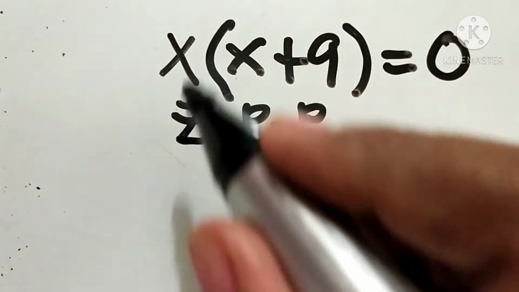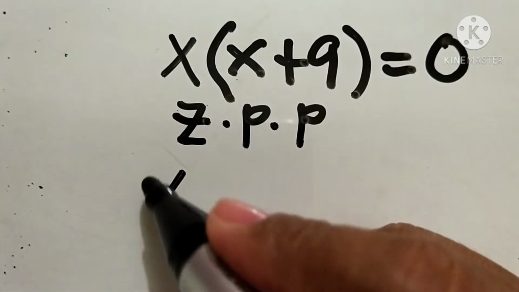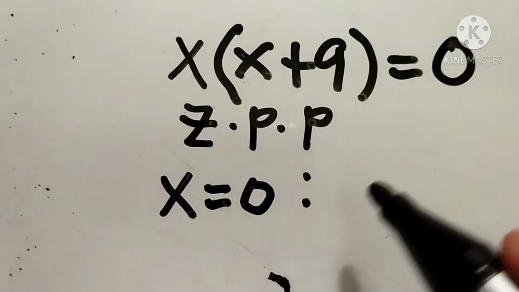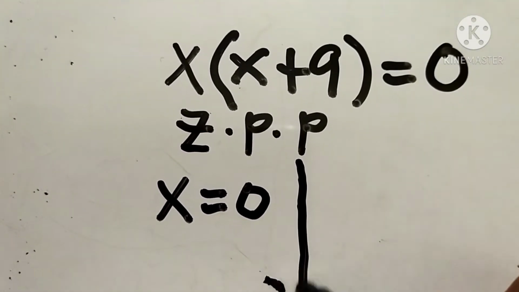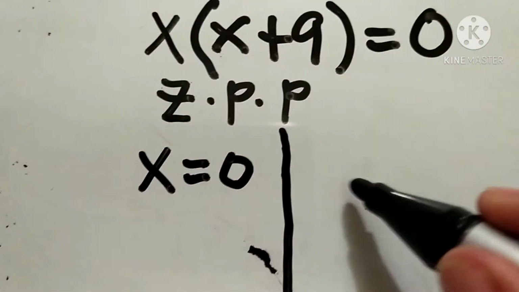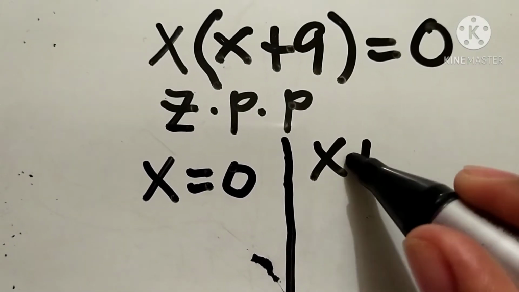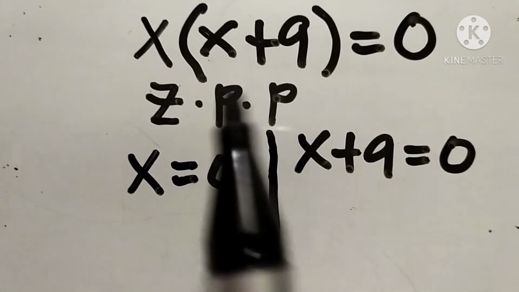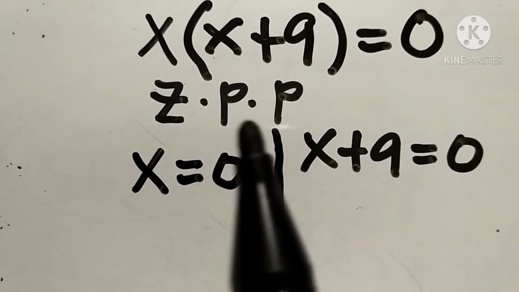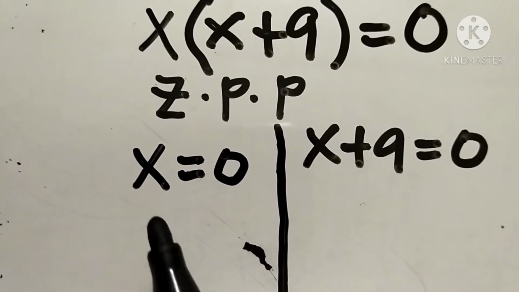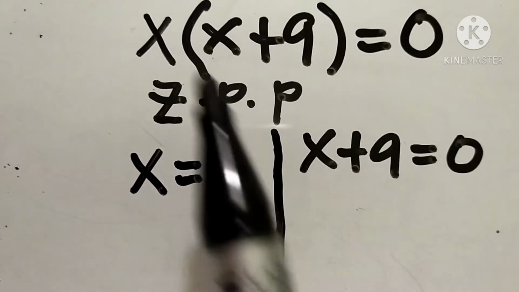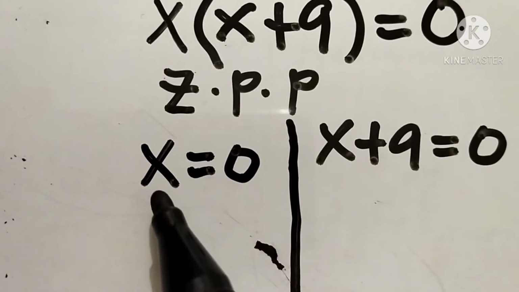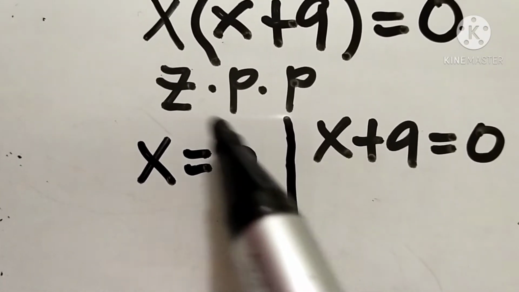So we have x equal 0. The other one is x plus 9 equal 0. Applying the zero product property, we equate each factor to 0. From x equal 0, you don't need to solve because you already have the value of x.